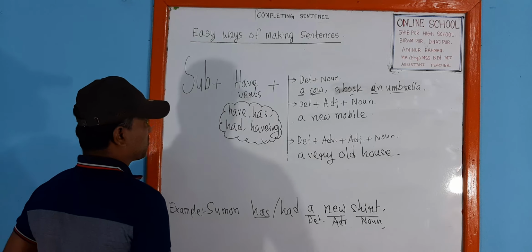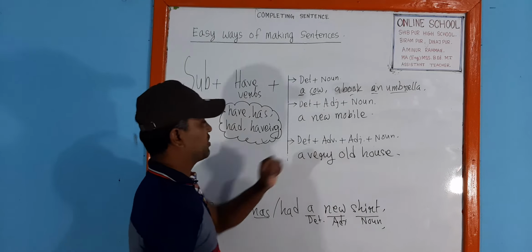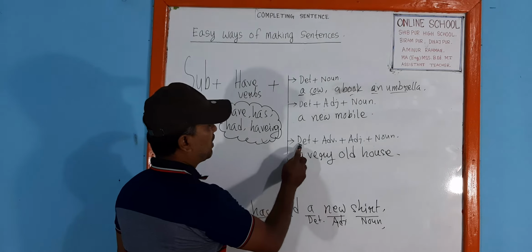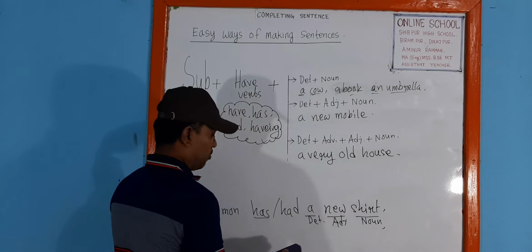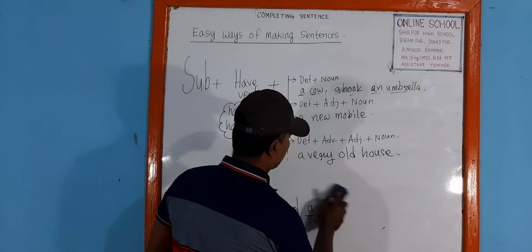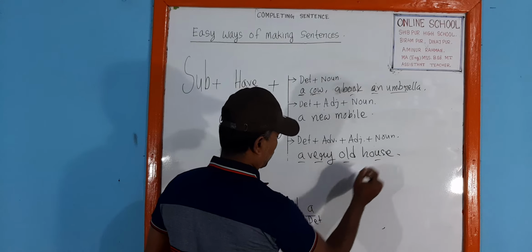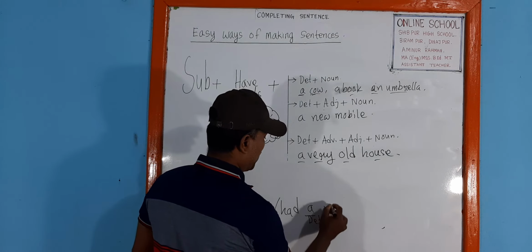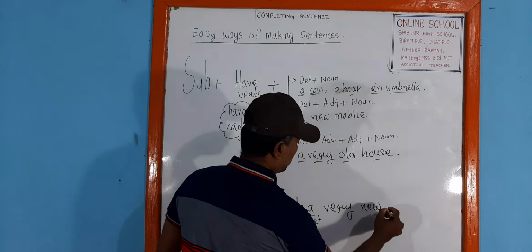Also, we can use the third structure, that is determiner plus adverb plus adjective plus noun. So we can set up here a very old house, a very new mobile.